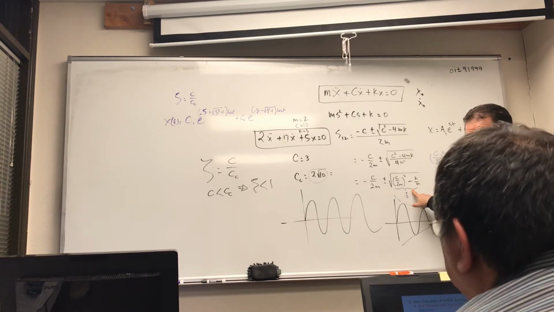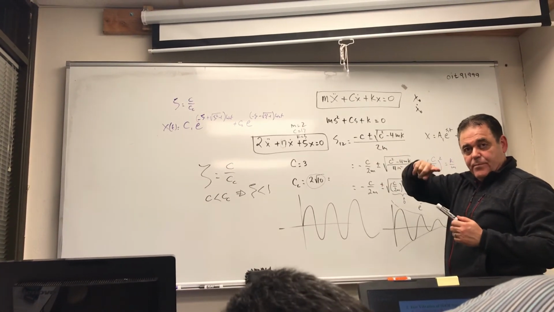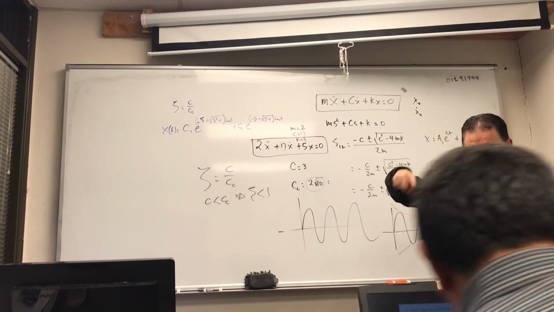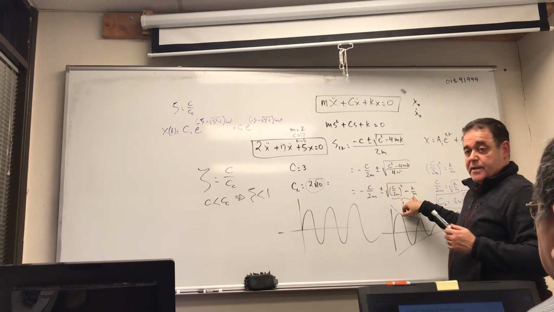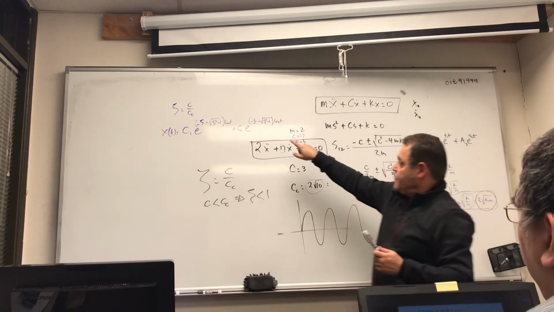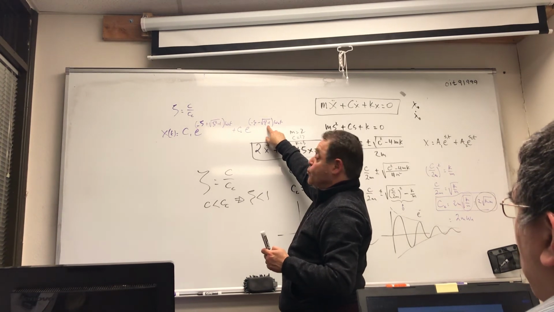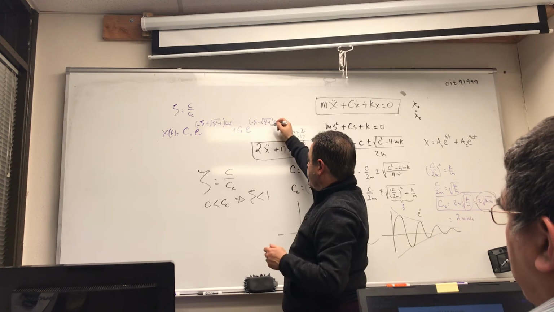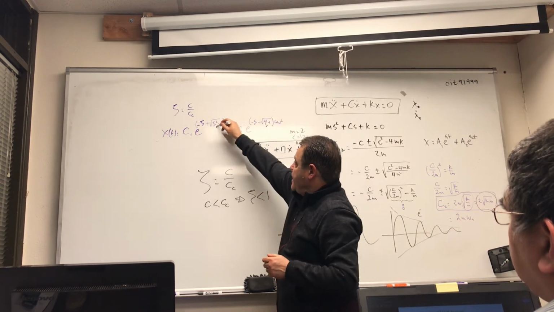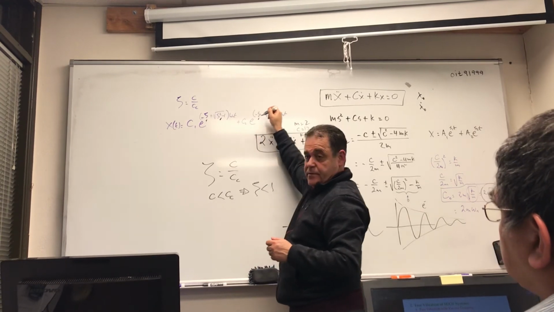When it's less than 0, you get the imaginary part and you have oscillation. But when this term is greater than 0, that is, when zeta squared minus 1 is greater than 0, meaning zeta squared is greater than 1, obviously both roots are real, but they will be different.